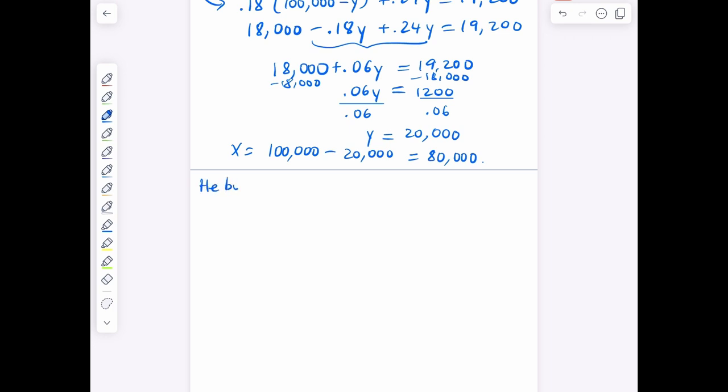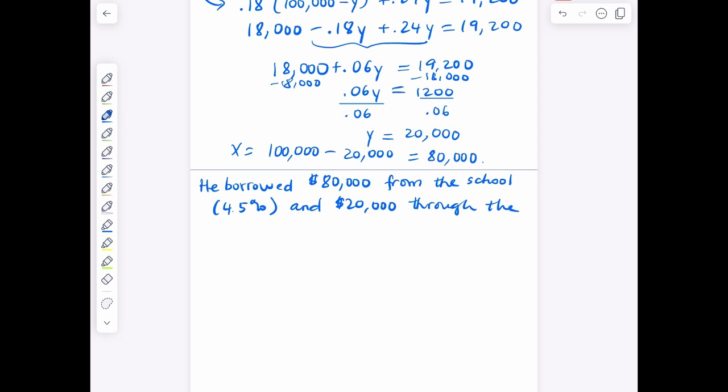He borrowed 80,000 from the school, which is the 4.5% account, and 20,000 through the government loan, which is the 6% loan.